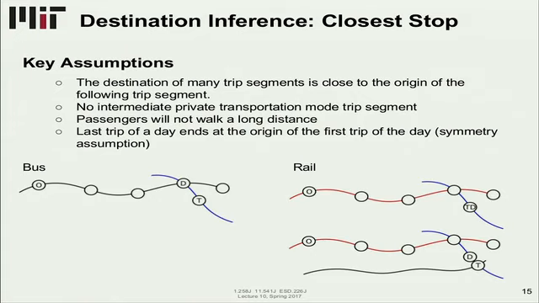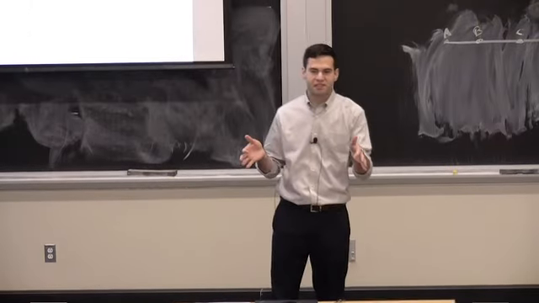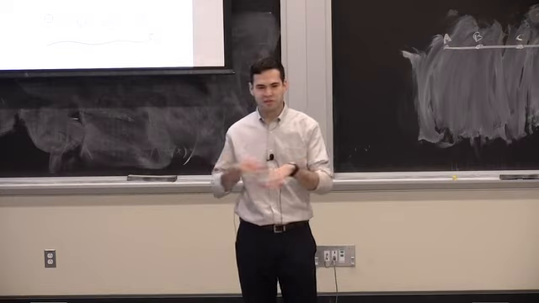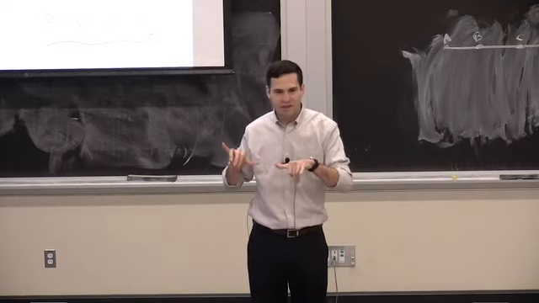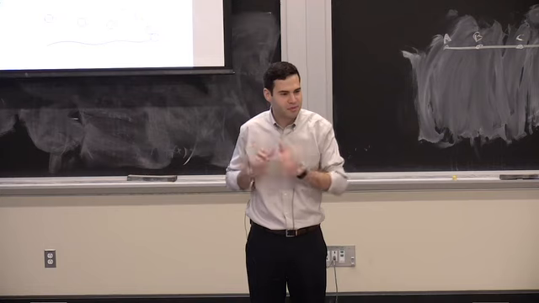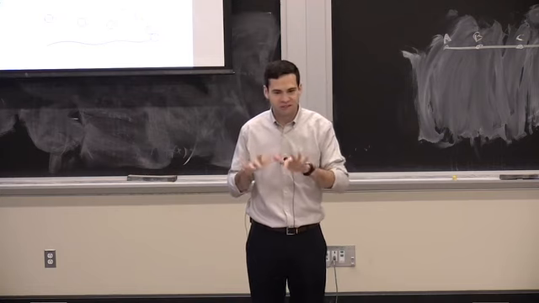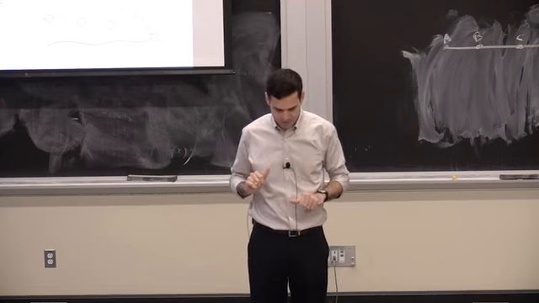So what are the key assumptions? We start by saying that the destination of each trip segment is close to the origin of the following trip segment. In other words, that is true physically, right? You have to move somehow through space. We further assume that that movement is happening mostly through the public transportation network and that no trips on other modes are being made.